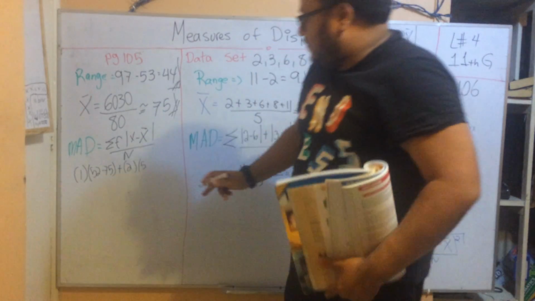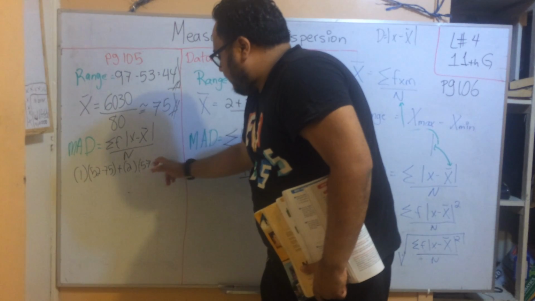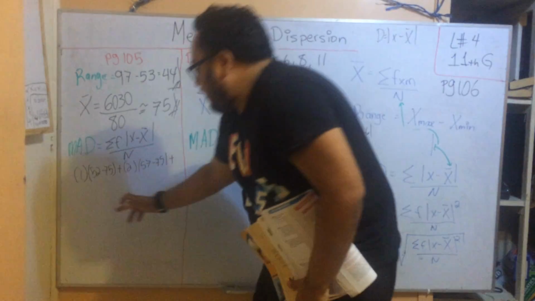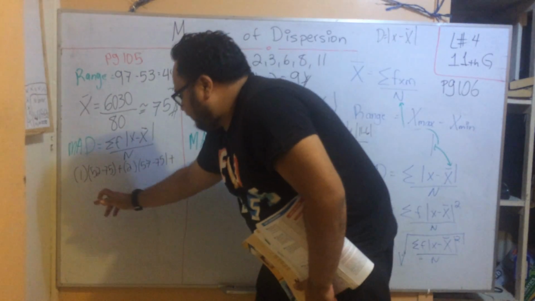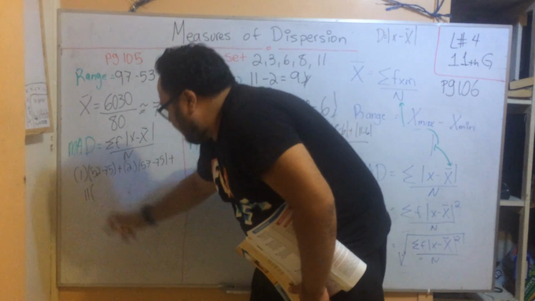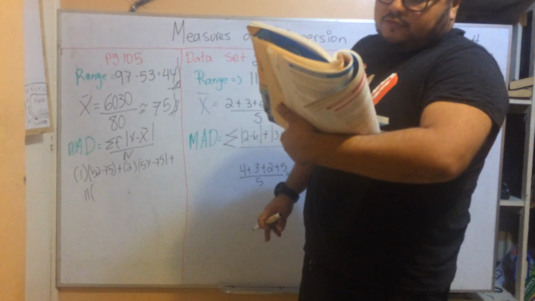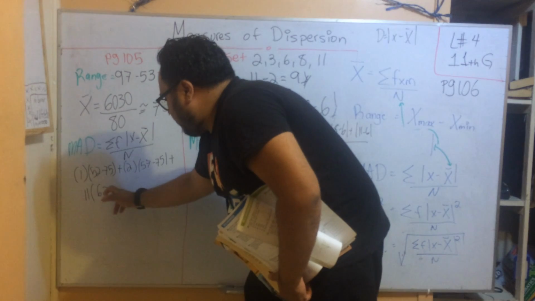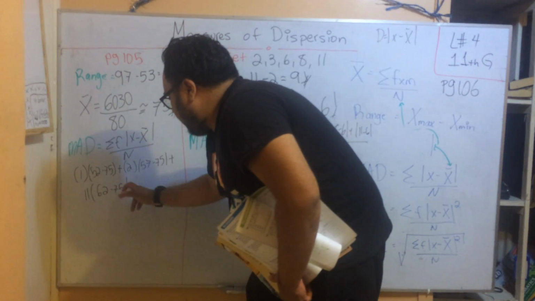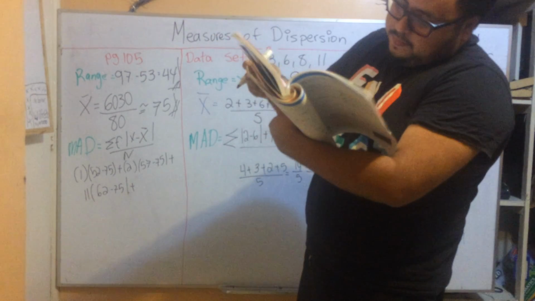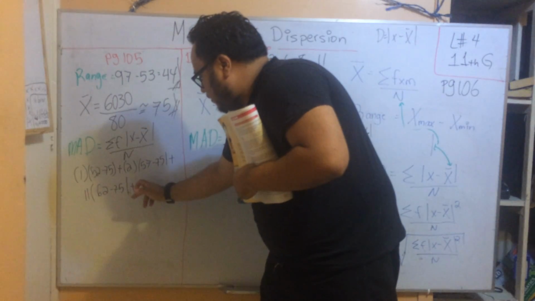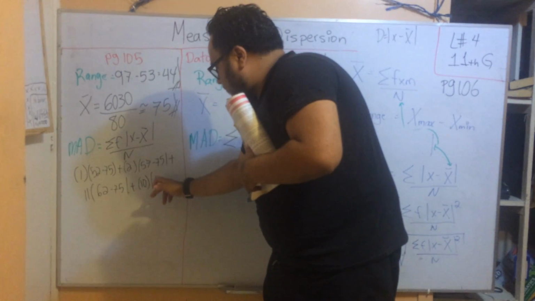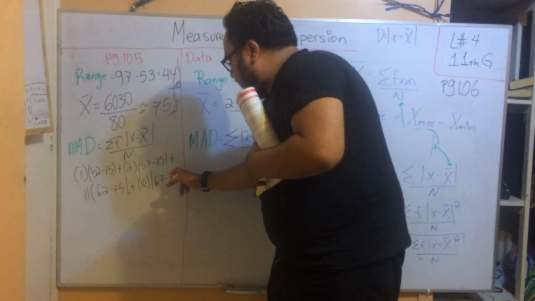57 minus 75. Plus, what is the next frequency? 11, and the next class mark is 62. So we have 11 times 62 minus 75, plus the next frequency is 10, so 10 multiplied by 67 minus 75.